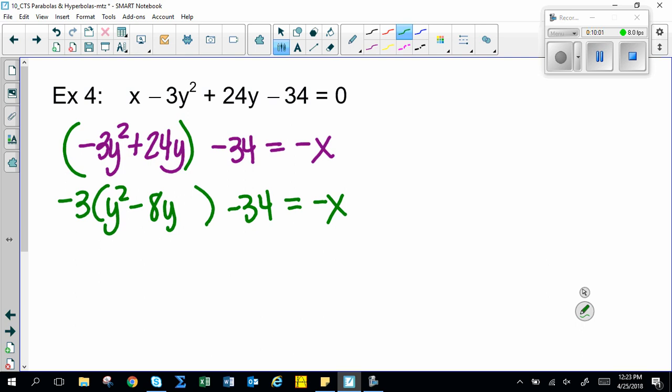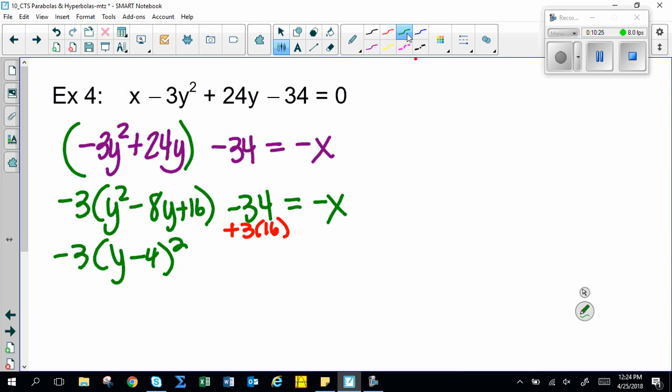So then I'm going to take half of negative 8, which is negative 4, and negative 4 squared is positive 16. So I'm going to balance that. So if this is a negative 3, times a positive 3 times 16 will balance that. So what is that?